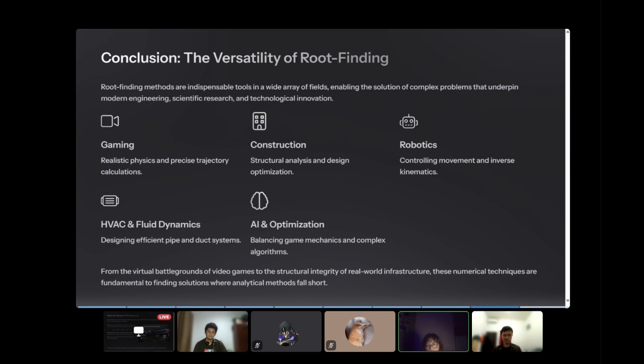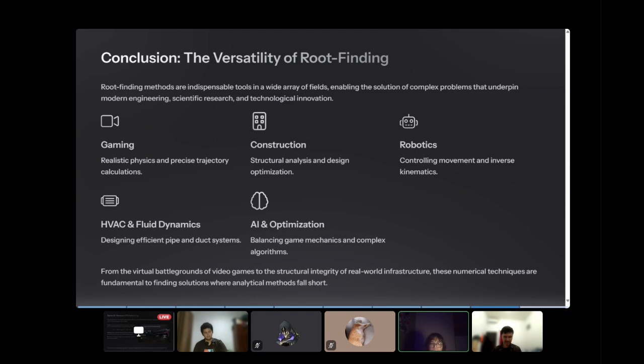In construction, it's used for structural analysis and design optimization. In robotics, it's used for controlling movement and inverse kinematics. In HVAC and fluid dynamics, it's used for designing efficient pipe and duct systems. And in AI and optimization, it's used for balancing game mechanics and complex algorithms.